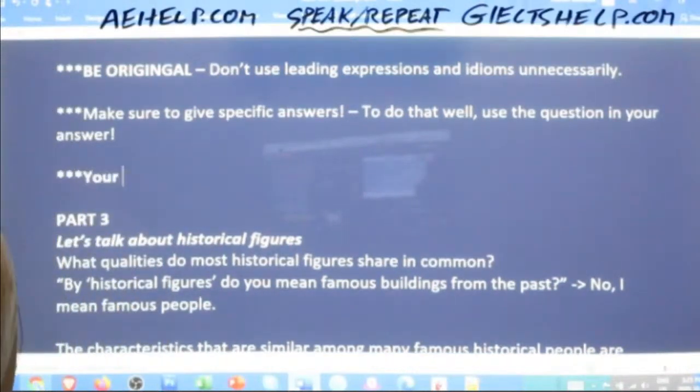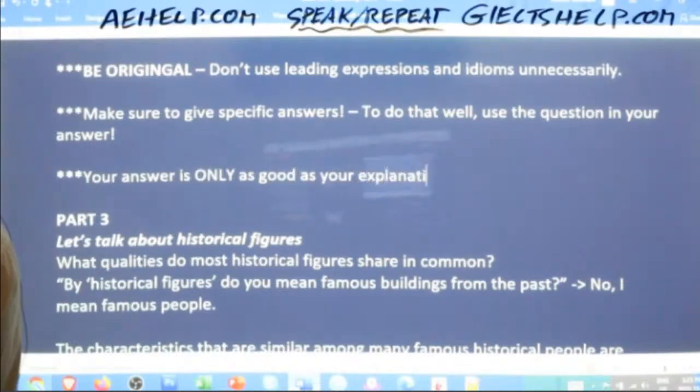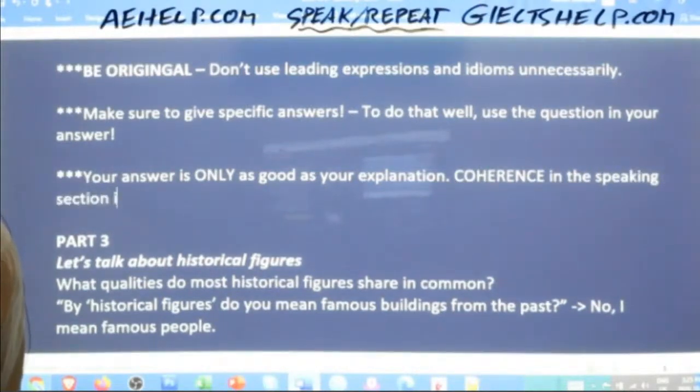So your answer is only as good as your explanation. Remember what I said the other day, okay? Coherence in the speaking section is the most important component of your band score.